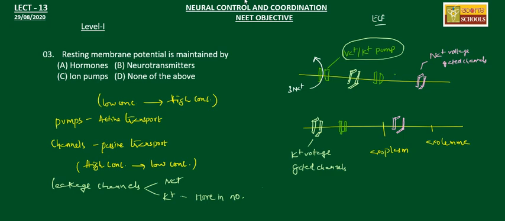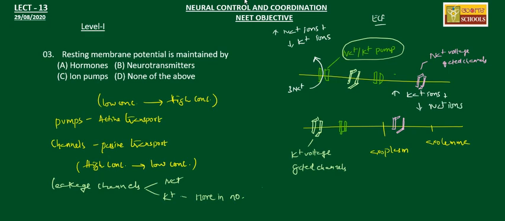Here there is already more concentration of sodium ions, and of course along with that we also have potassium ions. The concentration of potassium ions is less outside, and we know inside there is more concentration of potassium ions and less concentration of sodium ions.